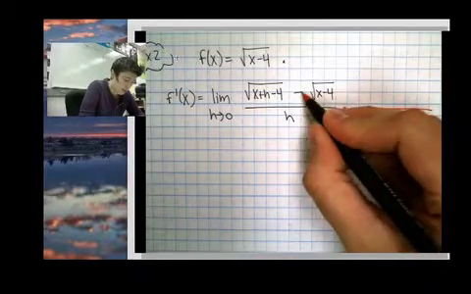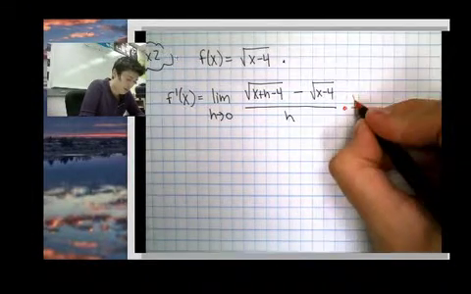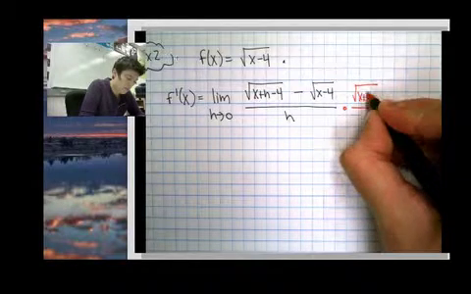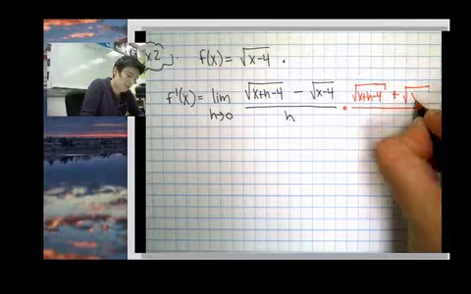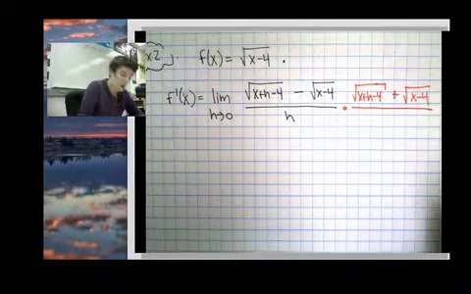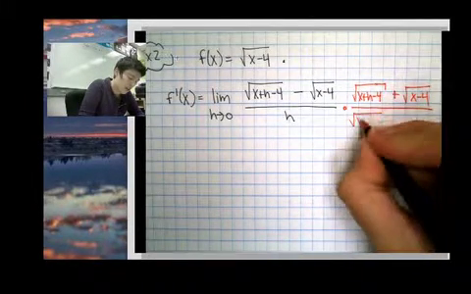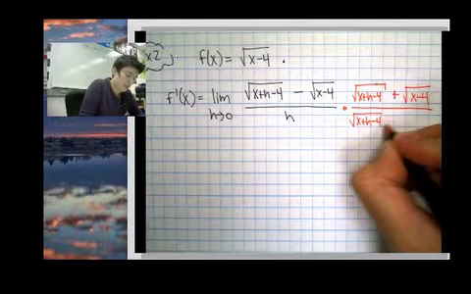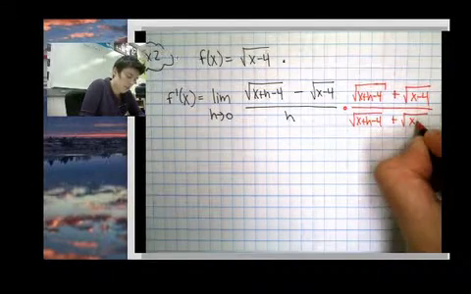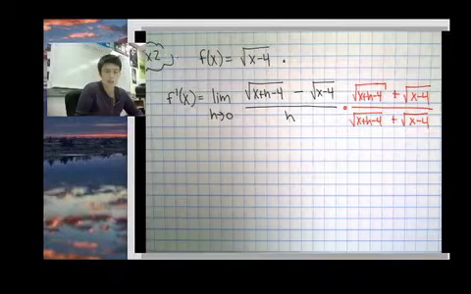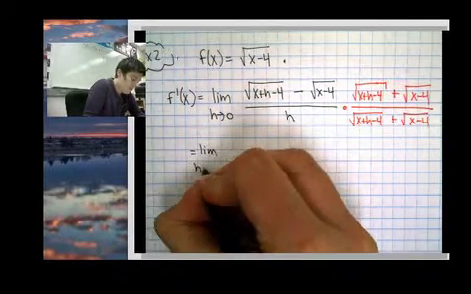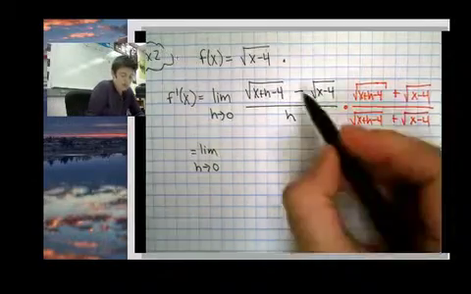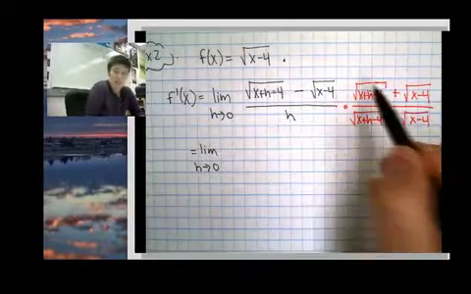Instead of a minus, we're going to have a plus. So square root x plus h minus 4 plus the square root of x minus 4. And we're going to do the same thing on bottom. Square root x plus h minus 4 plus the square root of x minus 4. And so let's clean this up. The limit as h goes to 0. We'll rewrite that. When you multiply the square roots, they drop.